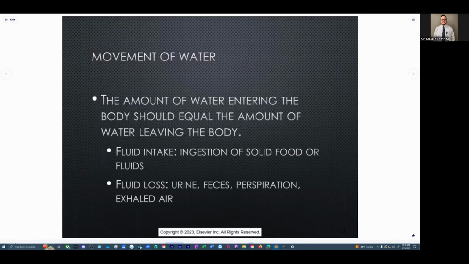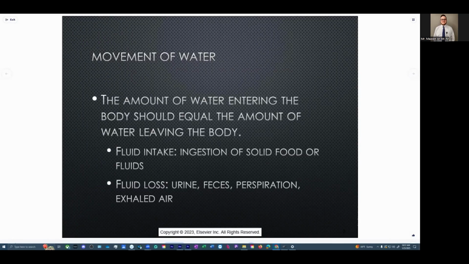So, movement of water. Again, this goes back to homeostasis and our body's regulation. Homeostasis being a balance, what's the perfect balance? Well, however much water we take in should be the equal amount of water that leaves our body. We get water intake from obvious things like drinking fluids, but we get a lot from food.